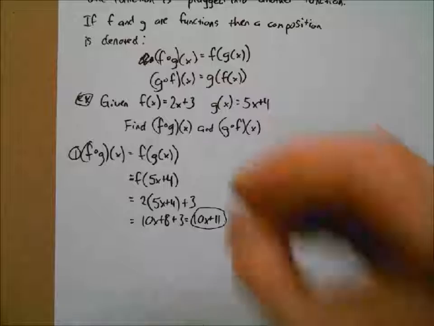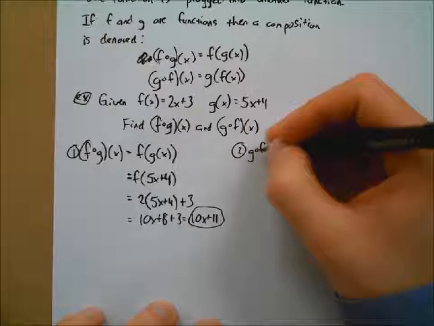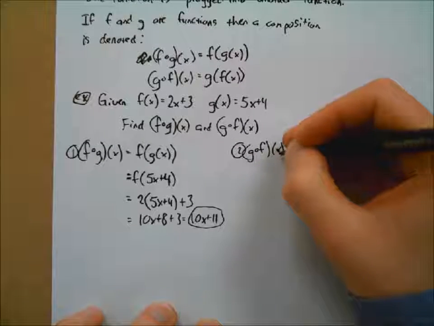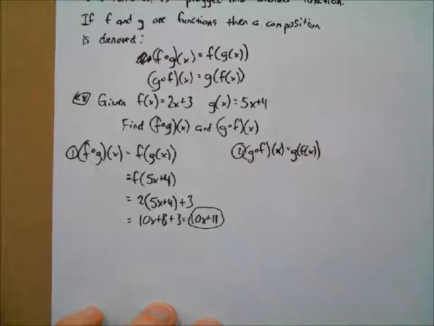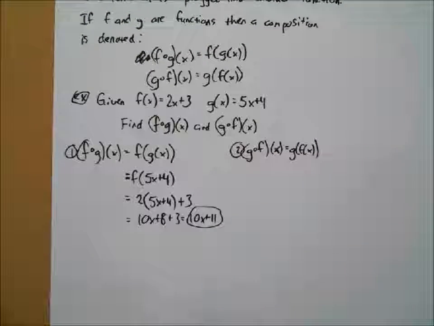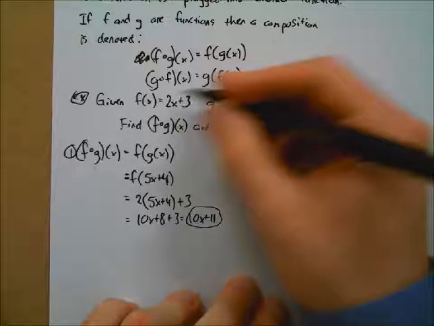All right, let's try this other one. Number 2, we're going to see whether g of f of x equals the same thing, using the same functions but in a different order. So now we're going to do g of f of x. Replace f with 2x plus 3.